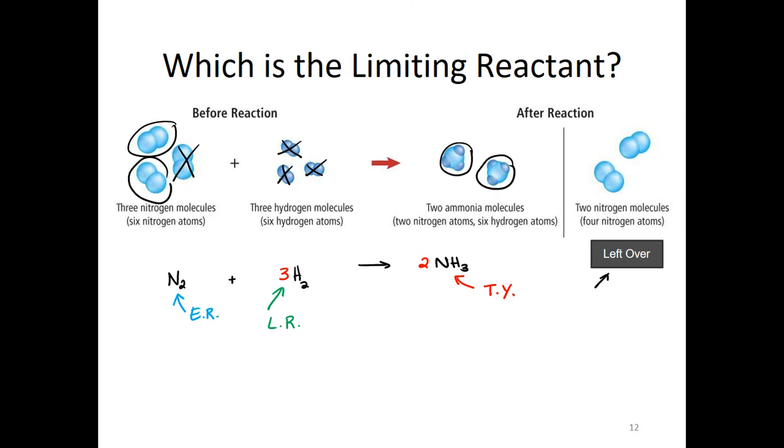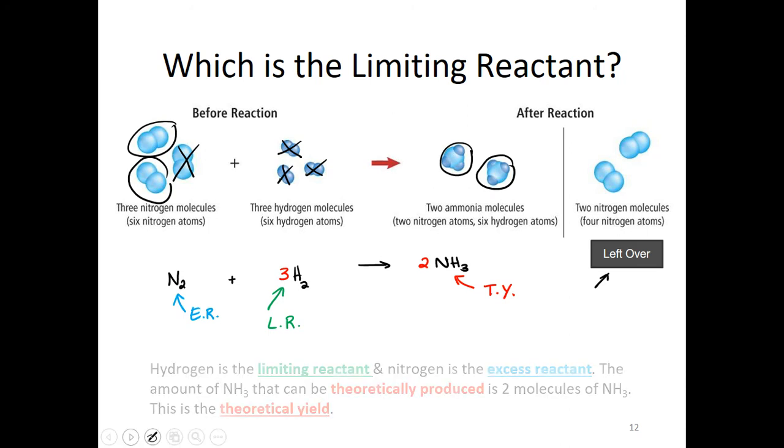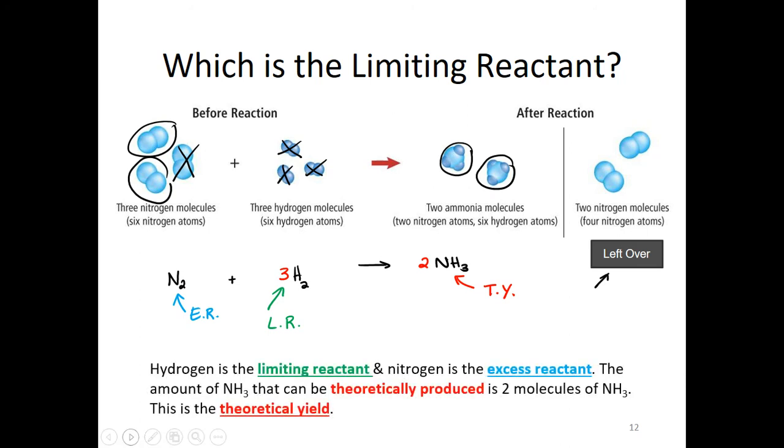Okay, the way you recognize the limiting reactant is by figuring out what is the reactant that is determining the amount of products that's made. In this particular case, it's hydrogen. Okay, in this diagram. So hydrogen is the limiting reactant, nitrogen is the excess reactant, and the amount of ammonia that can be theoretically produced is 2 molecules, and that is the theoretical yield.